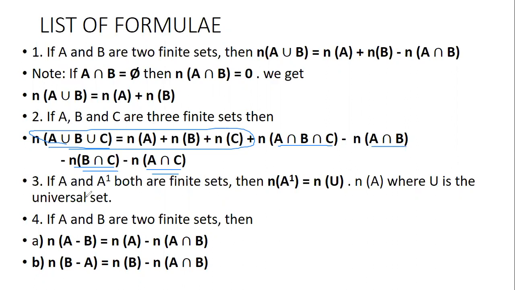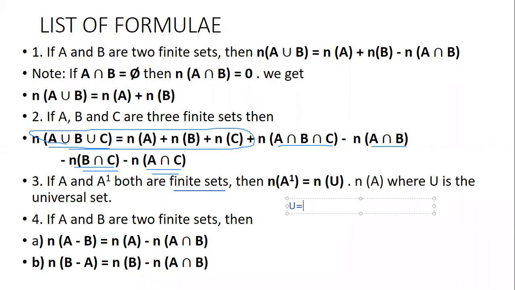If A and A complement both are finite sets, then n of A complement is equal to n of the universal set, minus n of A. We will understand this with an example, the same example which I gave some time back.